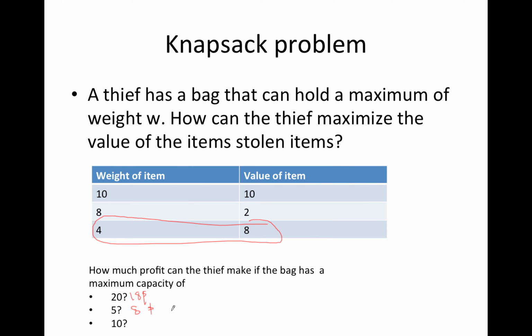The interesting question is, what if the thief could carry a maximum weight of 10 lbs? Well, again, per our ranking, this one was the most valuable in terms of the value to weight ratio, this one was the next most valuable, and this was the least.